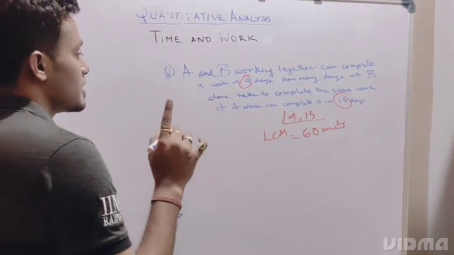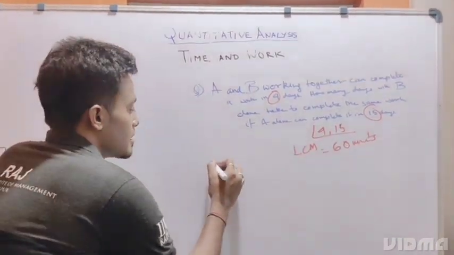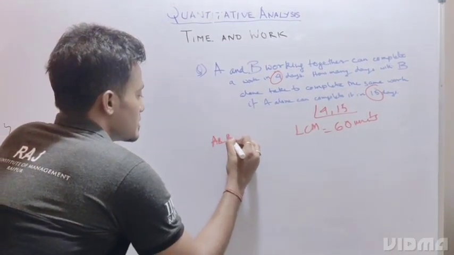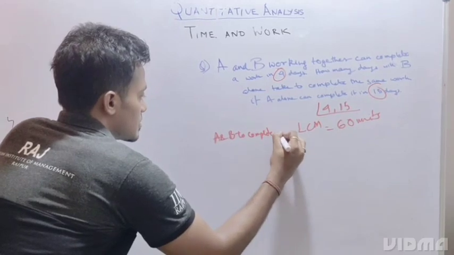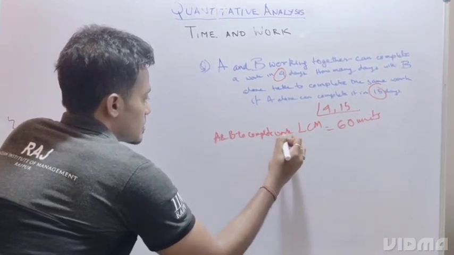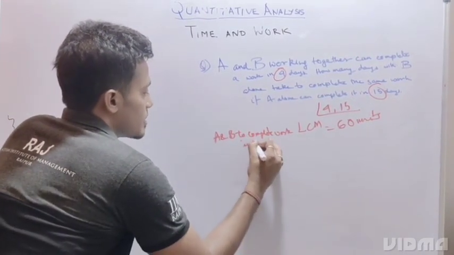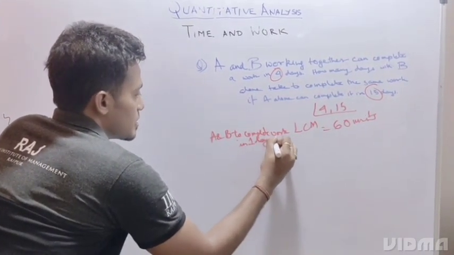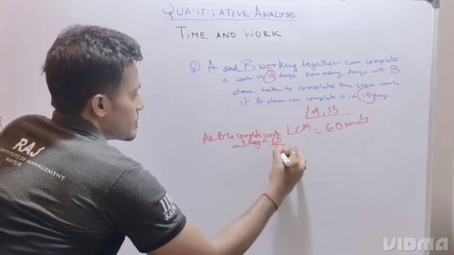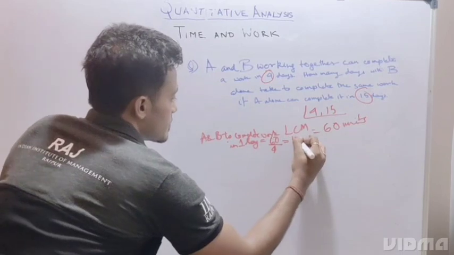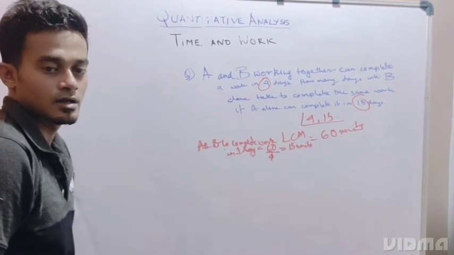Now for A and B to complete the work in one day is equal to 60 by 4, that is 15 units, right?